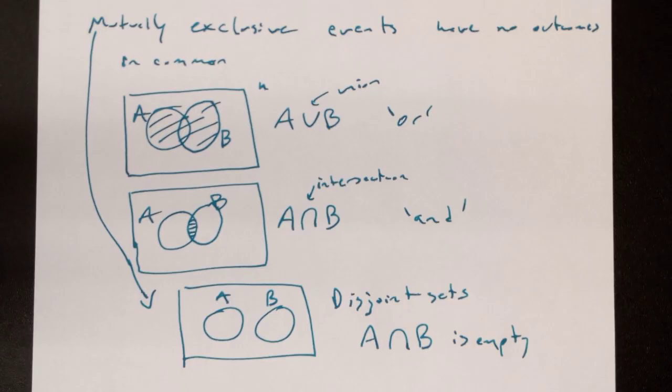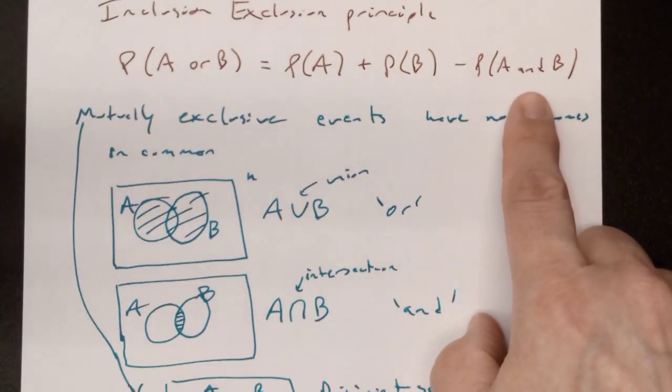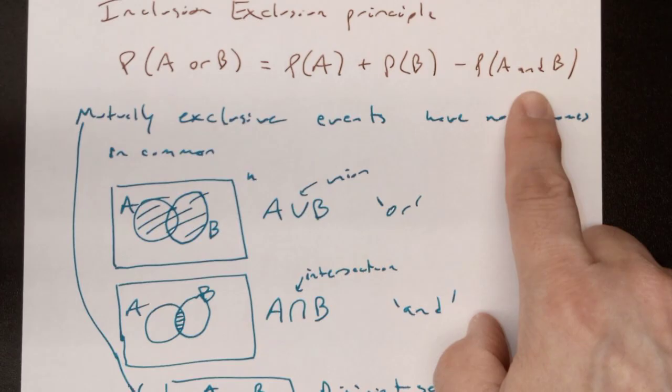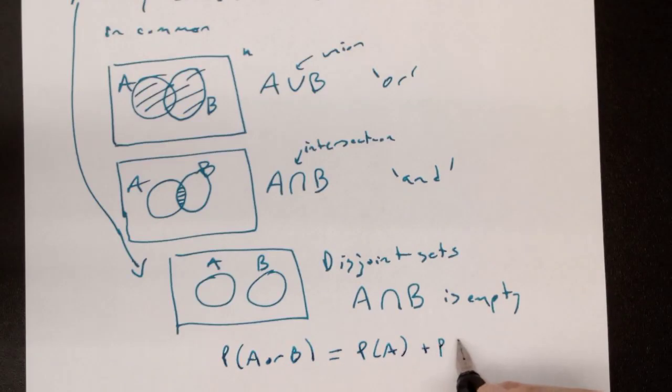So red cards, spade cards, ne'er the twain shall meet. On the other hand, if I asked about a red card or a spade, this piece is 0. So if I have mutually exclusive events, then when I do A or B, I just do P of A plus P of B. I would subtract the overlap, but there isn't one.